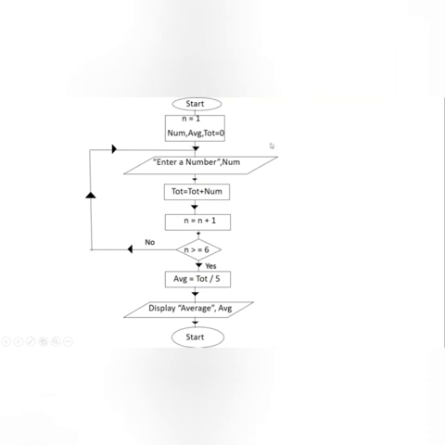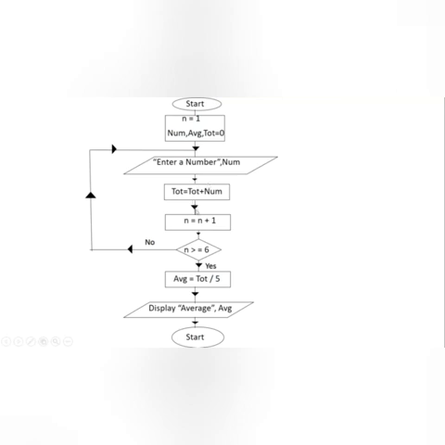And in the input we are supposed to enter a number. Let's enter 1. Okay, so the new total in this process, the new total is equal to the old total plus the number. So the new total is equal to 0 plus 1, which is 1.